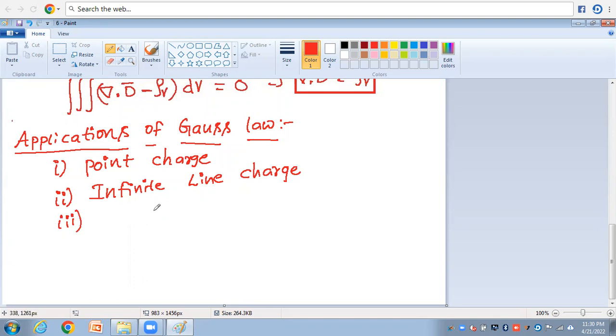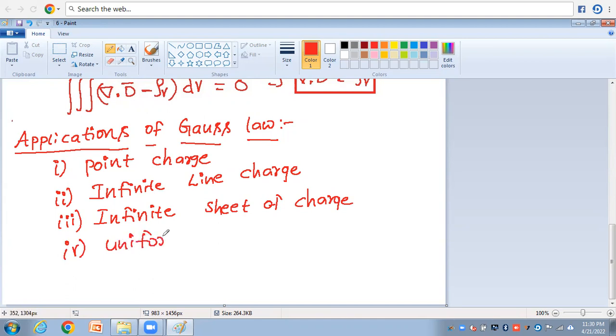infinite sheet of charge. I have already discussed electric fields due to continuous charge distributions, which is somewhat related to these applications of Gauss law. Then the final application is the uniformly charged sphere.